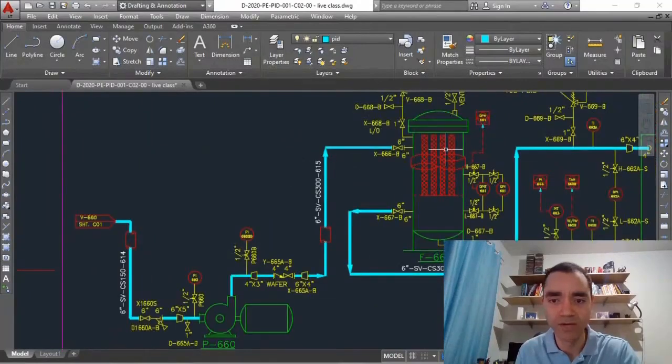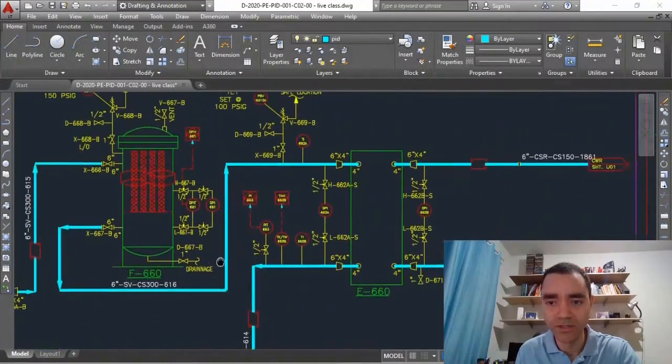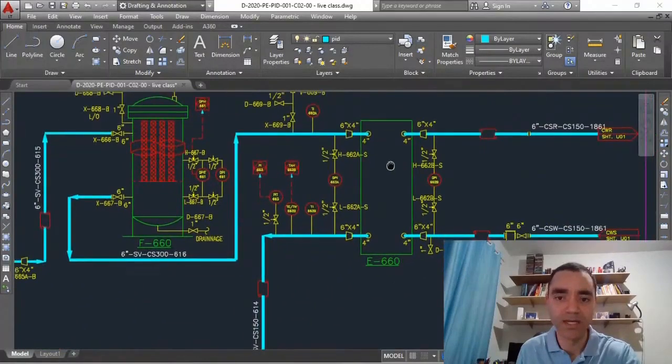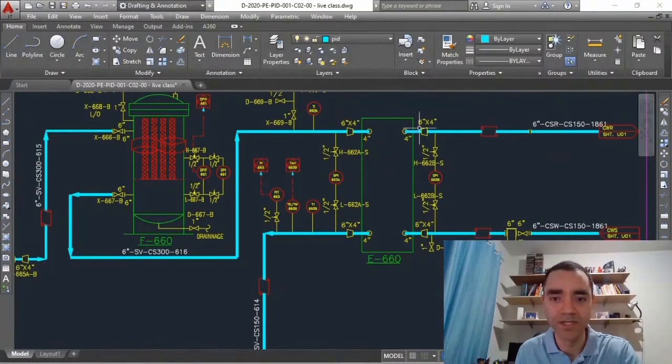And we go to a filter, and it is a sieve filter, and the fluid goes out of the filter and goes to a heat exchanger, and this type of heat exchanger is a plate type. The fluid goes this way, and the outlet is this way.